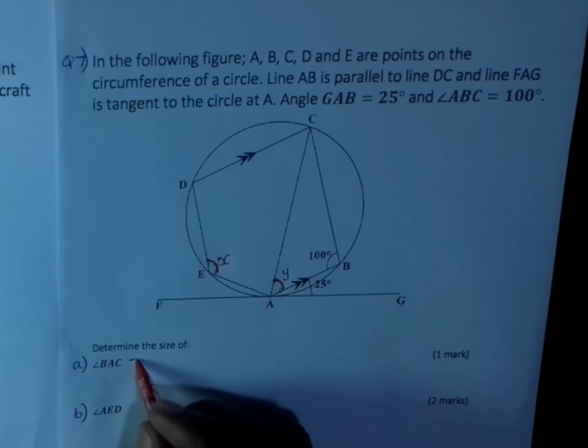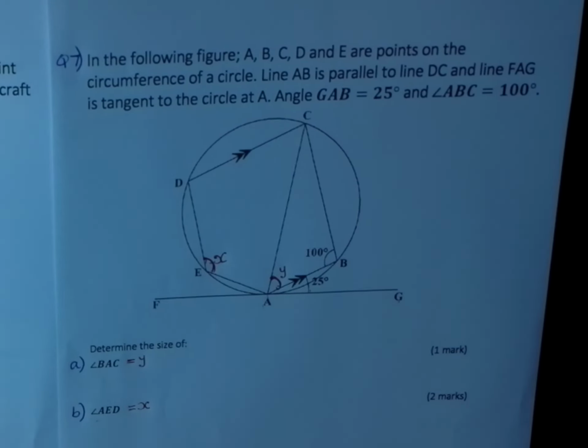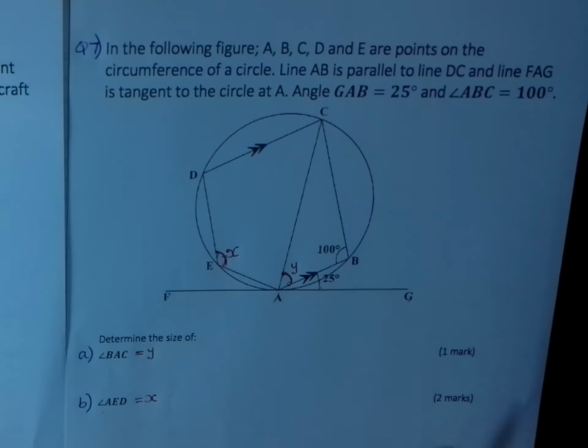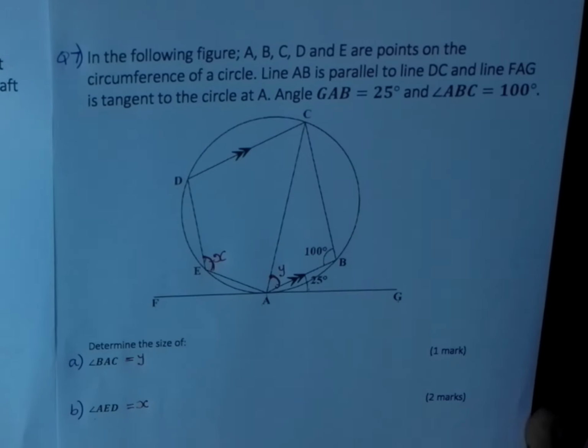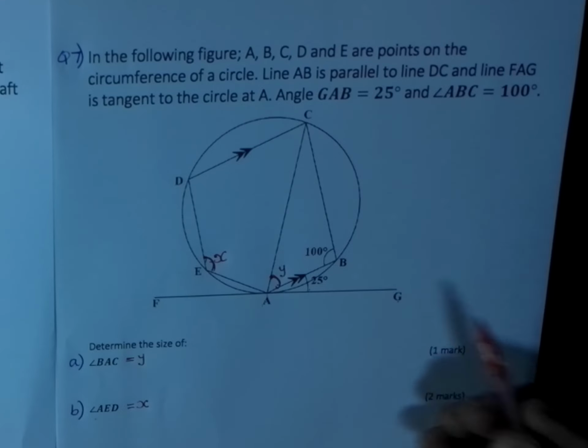Fine. So we need to find that angle and the other one. For this case here, we've been given that information, and that information will be very important to us.